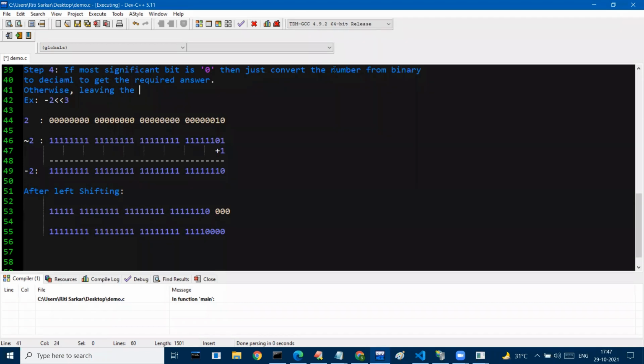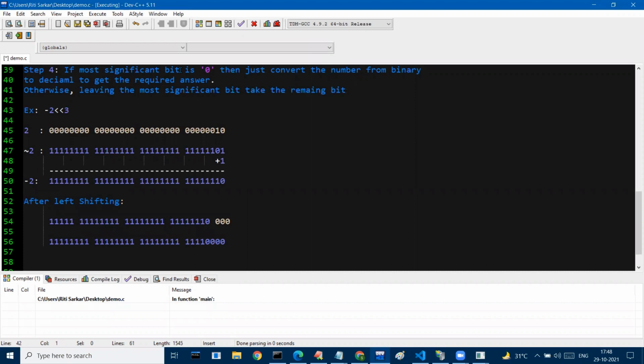So, leaving the most significant bit, take the remaining bits, that means except the most significant bit.